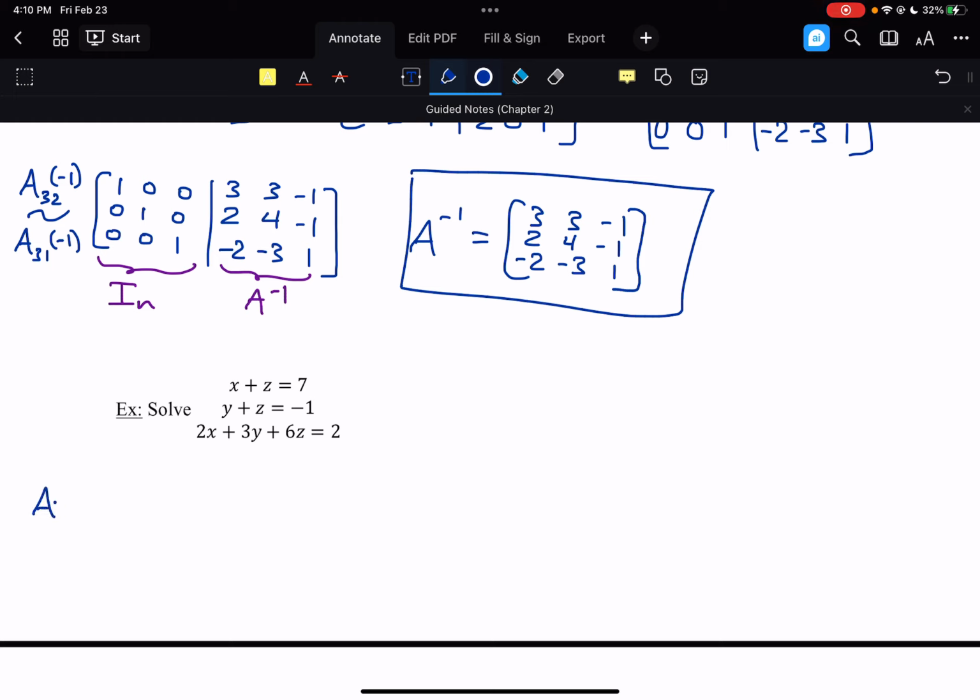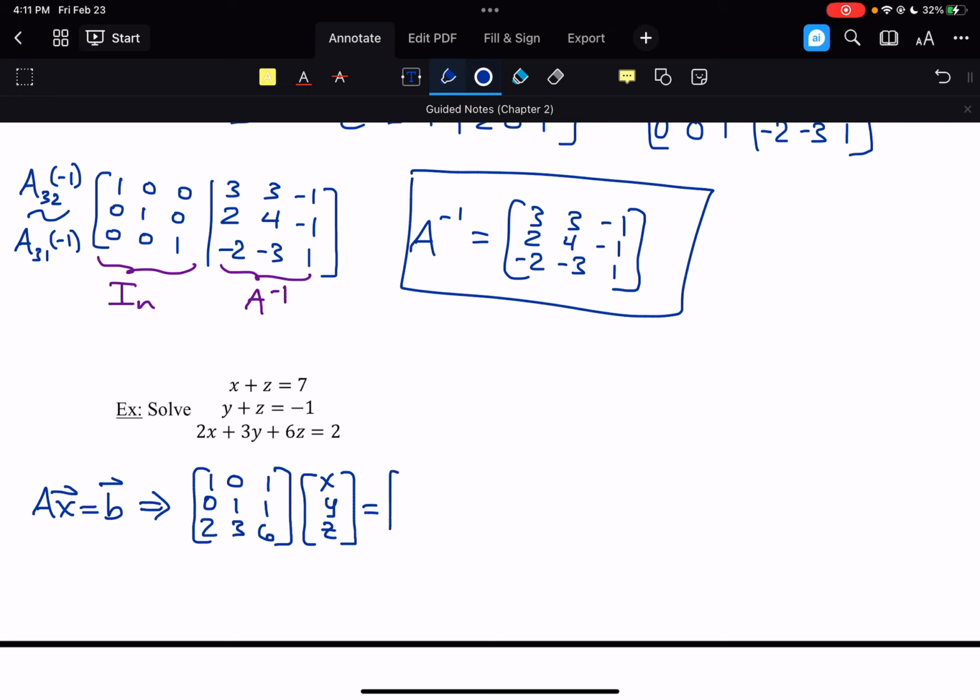So like let's put it in this form, this AX equals B form. So let's see, that's going to be 1, 0, 1, 0, 1, 1, 2, 3, 6, multiplied by XYZ equals 7, -1, 2.